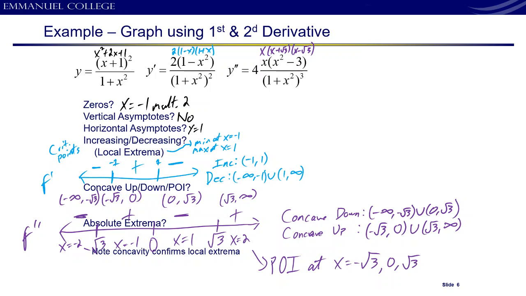But if we want to confirm that it was a minimum, notice at negative 1, where the derivative equaled 0, the concavity was positive, which means it's concave up, which makes it a min. That's what the concavity test for local extrema is referring to.